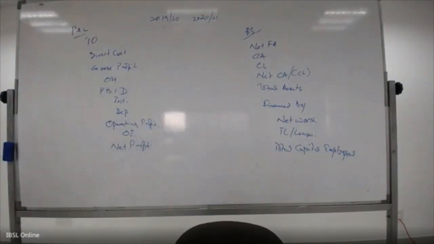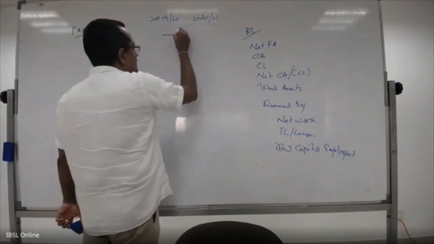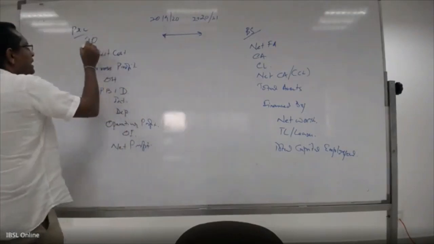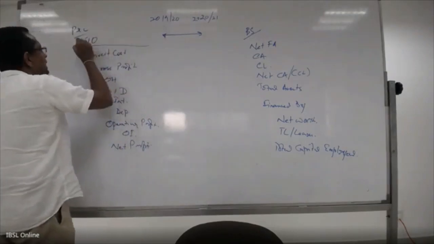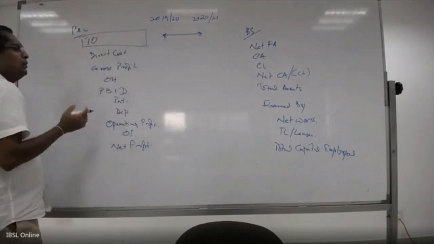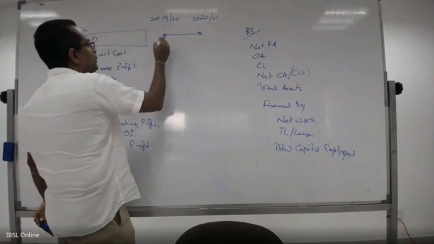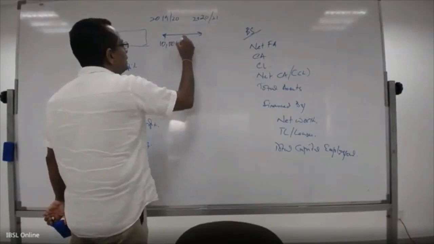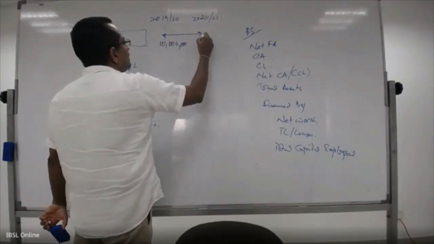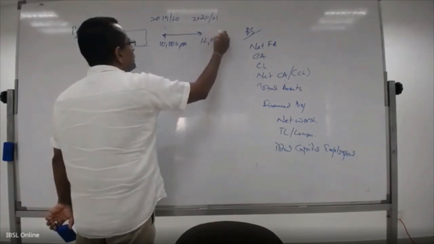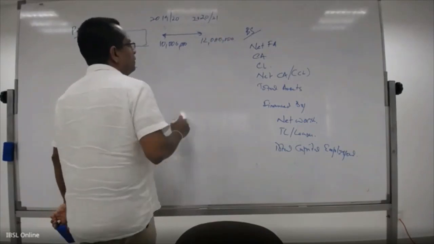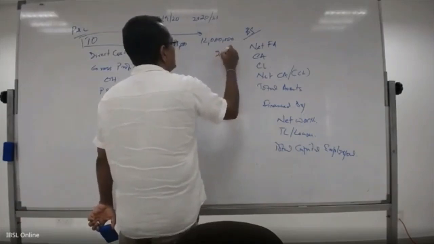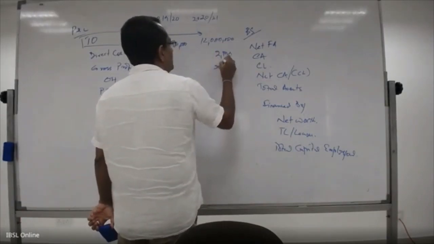We are comparing two years horizontally, right? On a single balance sheet or P&L item. What was the turnover? This is 10 million rupees, right? This is 12 million rupees. What is the difference? 2 million or 20%.